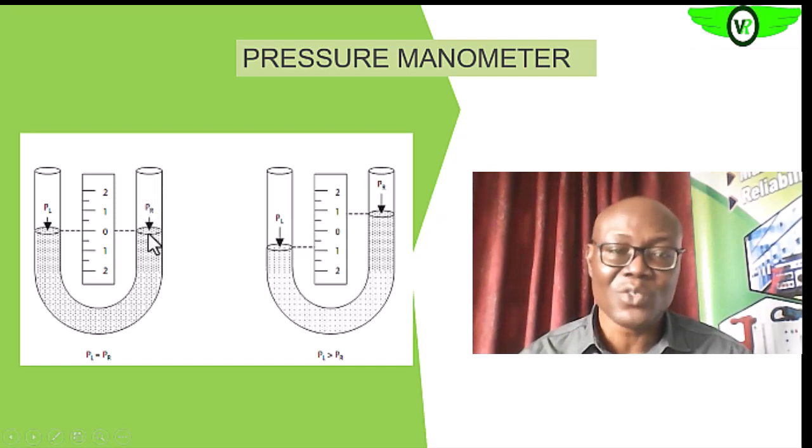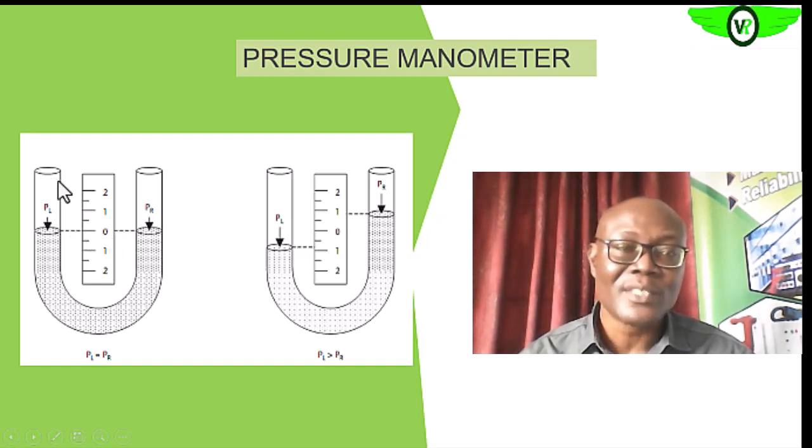So the force on this water column is equal to the force on this water column, which means that the level on each side of the tube will be the same. It is balanced. So that is why we have it here at the 0 point. So it is calibrated to give us 0.